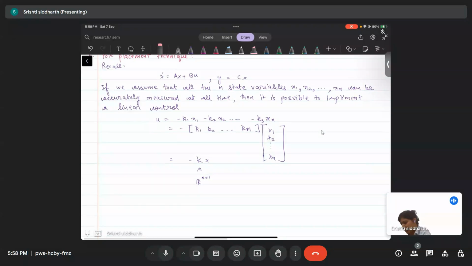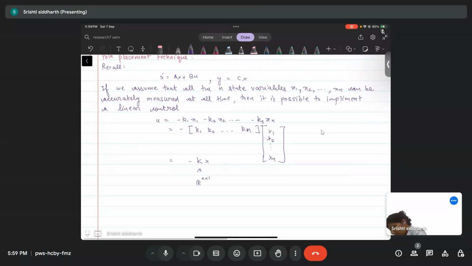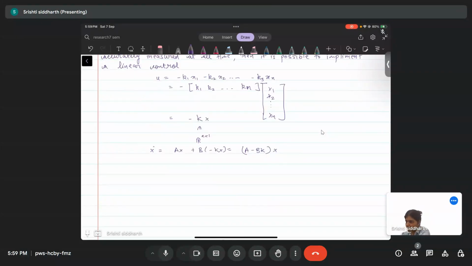And if we implement this u in the state space model, we get x dot equals Ax plus B times minus Kx, which is nothing but A minus BK times x. This is now known as the closed loop system, because we have taken feedback using the measurements and supplied it back to the plant.